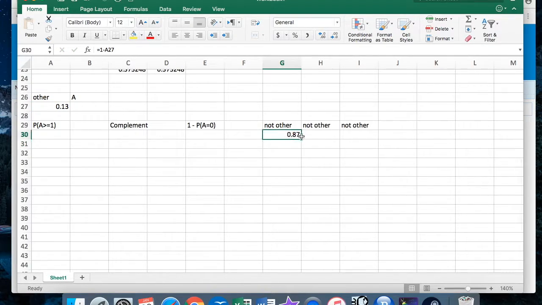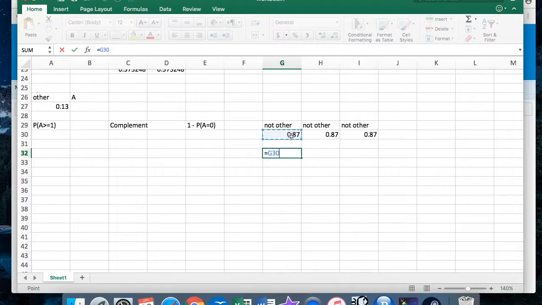Okay, so 0.87. This would be the probability that we get any race other than other. So the probability of a equal to 0 would just be 0.87 raised to the 3rd power, right?